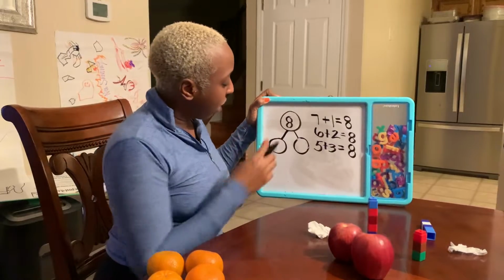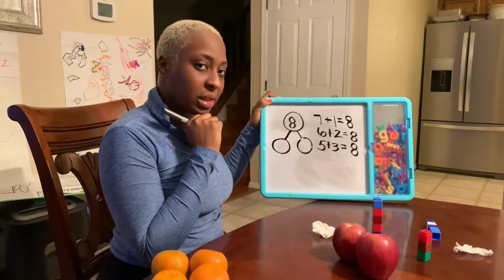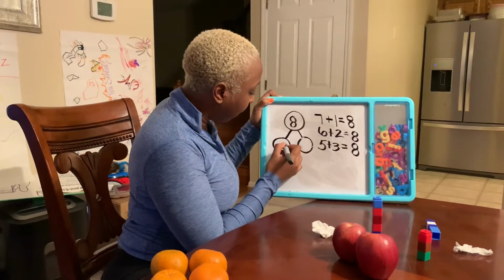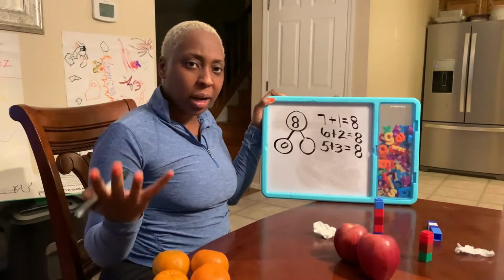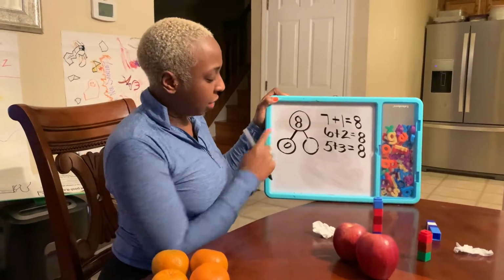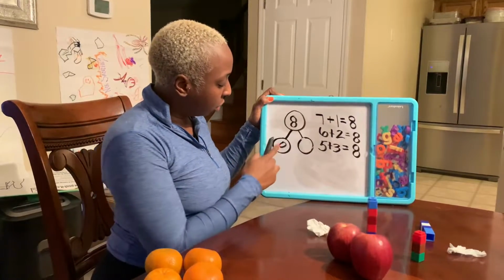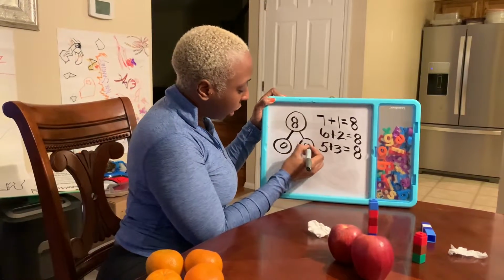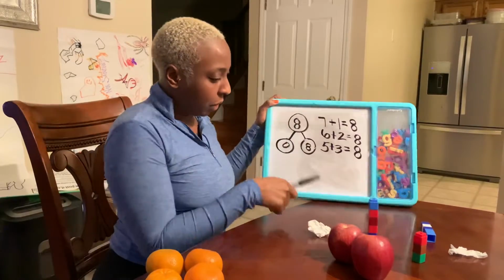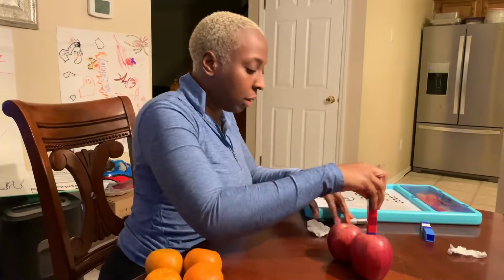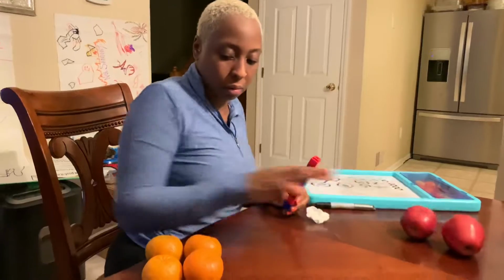So 8 is still my whole. This is going to get tricky. What if I have 0? What number can I add to 0 to get 8? We know that 0 is nothing. Okay? So 0 plus 8 is going to give me 8. And let's use our counters to see. Okay?